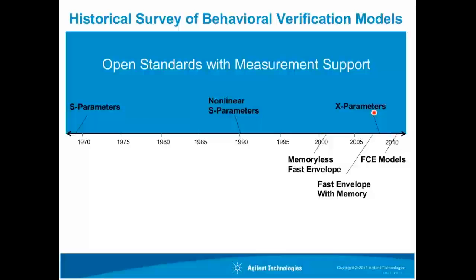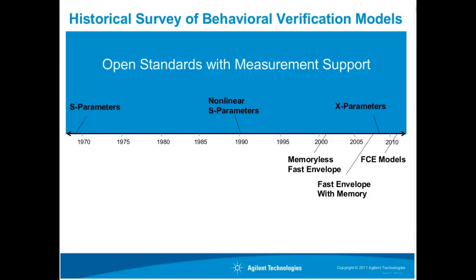The nice thing about the items on the top here is that they're all open standards and they're supported by measurements. And X parameters have the beauty of being able to model strong nonlinearities, but also they simplify down into S parameters. So they have a clear lineage from their S parameter origins. So I expect X parameters will be the future.